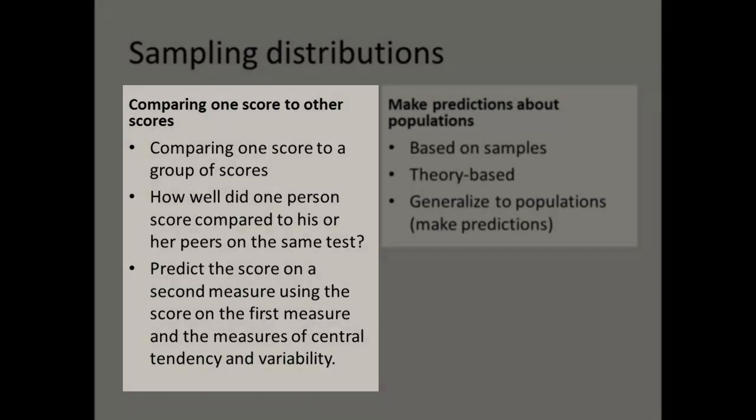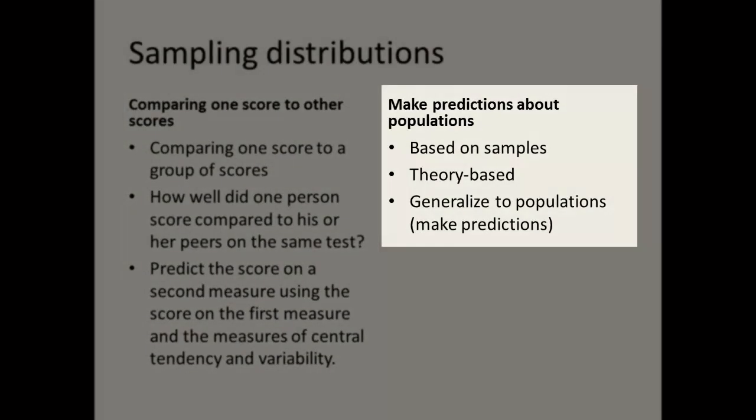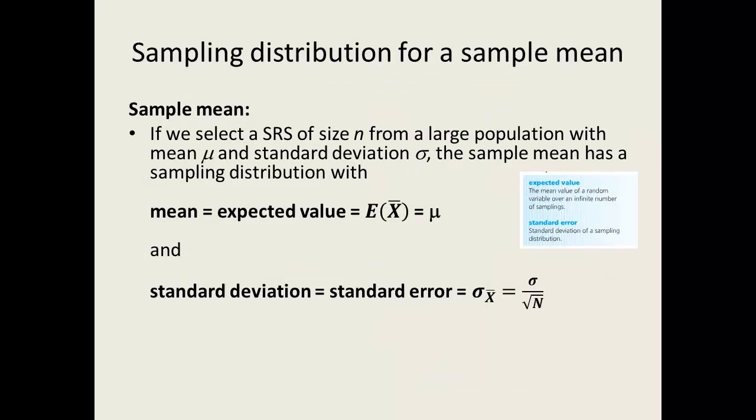Now, instead of comparing one score to others, we are going to take a sample of scores, calculate its mean, and, eventually, make predictions about the larger population based on the value of the sample mean and the standard deviation of sample means. If you calculate the values for the mean of many samples and plot those values, you will make a new distribution with a mean and standard deviation of its own.